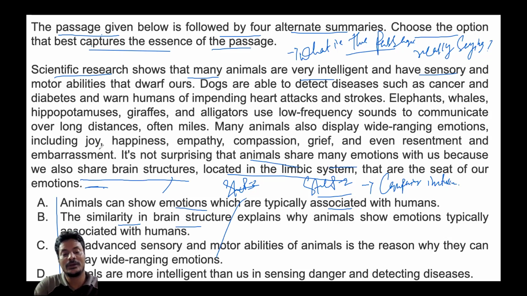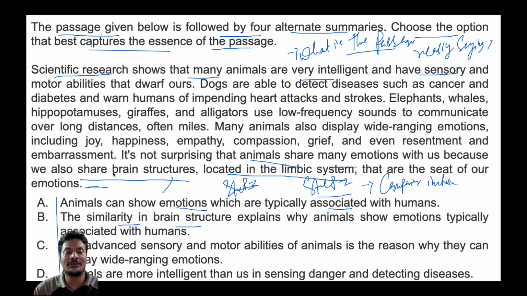Then third, the advanced sensory and motor abilities of animals is the reason why they can display wide-ranging emotions. And fourth, animals are more intelligent than us in sensing danger and detecting disease.